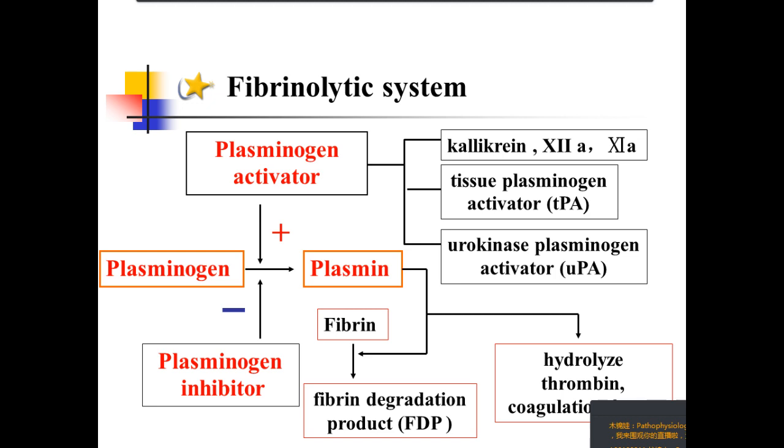Because UPA belongs to plasminogen activator, so UPA leads plasminogen to form plasmin. Plasmin can hydrolyze fibrin clot. So the patient's clot in the heart vessel, which is what infarction refers to, will disappear.